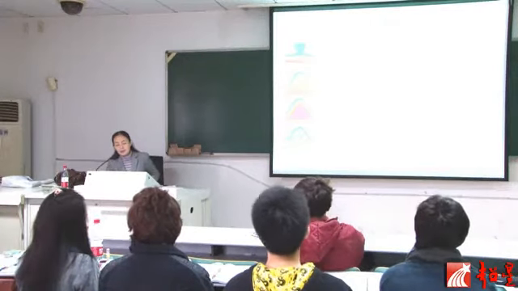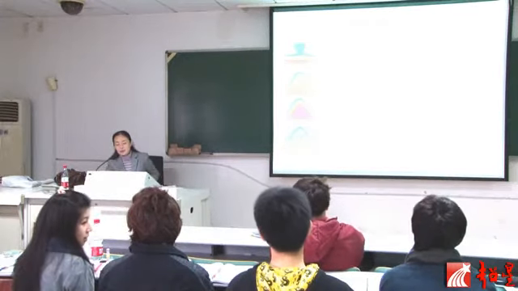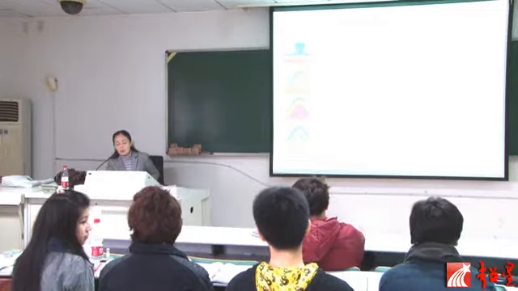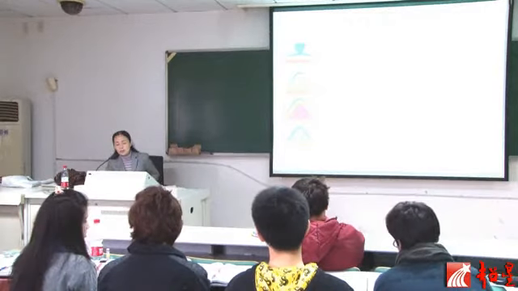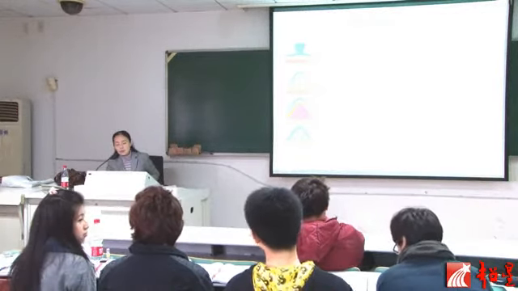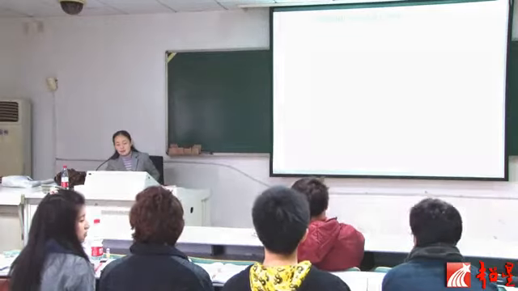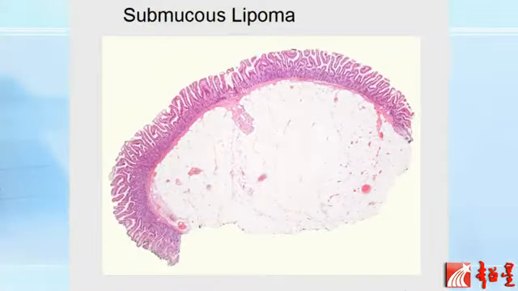First we will see the submucosal polyps, including lipoma and carcinoid. Lipoma is a benign tumor from fatty tissue. Here we can see in the submucosa the fatty cells proliferate, and you can see a mass toward the lumen.